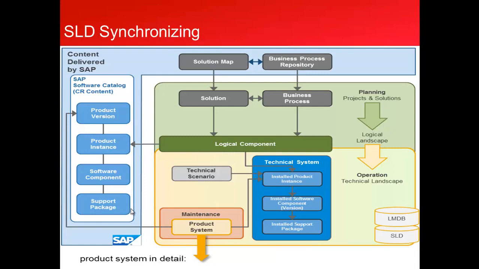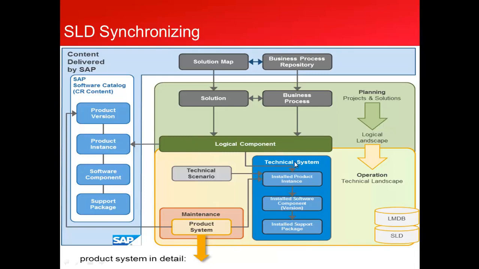Now let's see the component on the right side. On the right side, you can see a solution map. You have a business process repository, solution, business process. Then out of the product instance, we create a logical component, and then on this is the technical system.